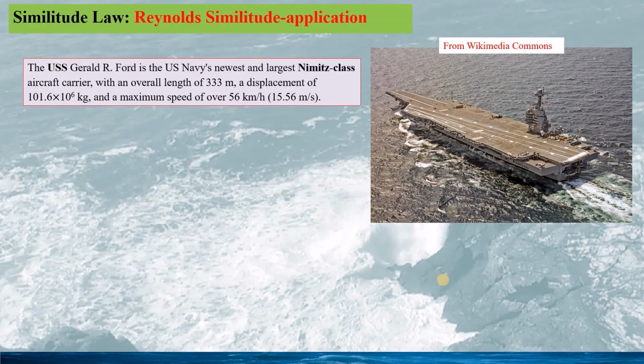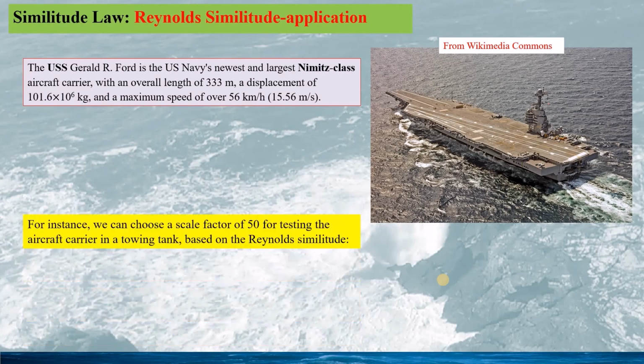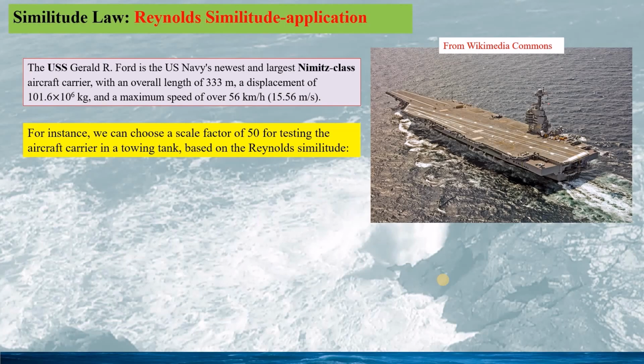So again, we look at the USS carrier, and based on the Reynolds similitude, we take the scale factor as 50. So based on the Reynolds similitude, we can calculate the model length as this.